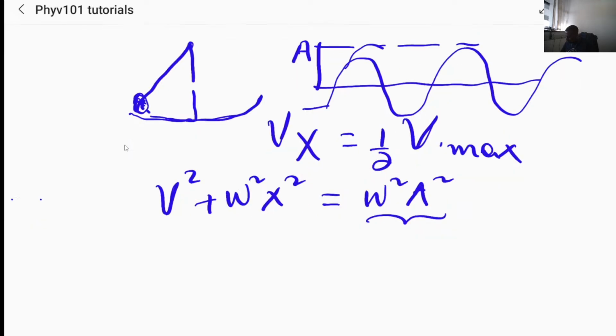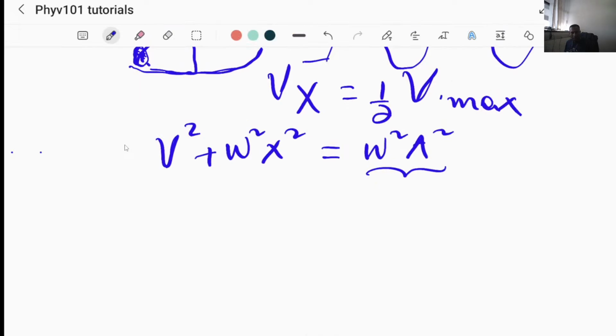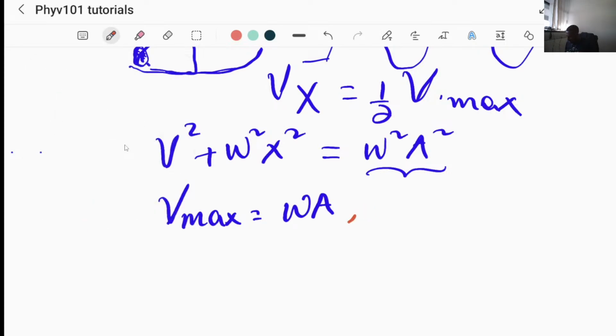From this expression, we know that v max is equal to omega A, where omega is the angular frequency. And then I was also given v equals omega A over 2.